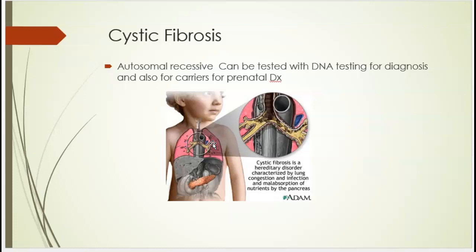But the other thing I always like to point out, and it's in the notes down here, so I want you to make a note of this, is not only do they have that lung congestion, they have malabsorption of nutrients because the ducts for the pancreas get blocked by mucus. And don't forget the pancreas, which we've got a little picture of here, secretes digestive enzymes into your duodenum. We're going to talk about this in digestive.